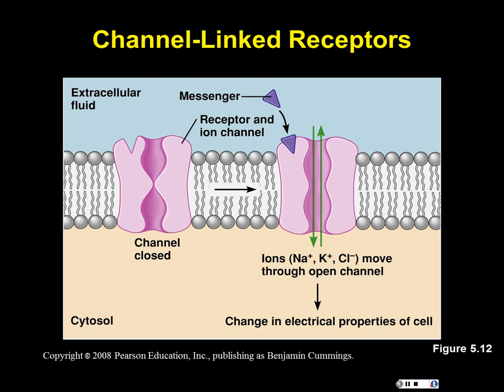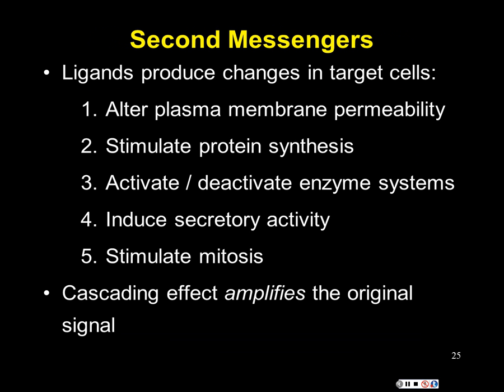Let's look in a little better detail at the second messenger systems. They're complex, and because they're complex, they can give us a lot of diversity in response. So a target cell can receive an extracellular messenger, generate a second messenger pathway, and it doesn't have to do just one thing.